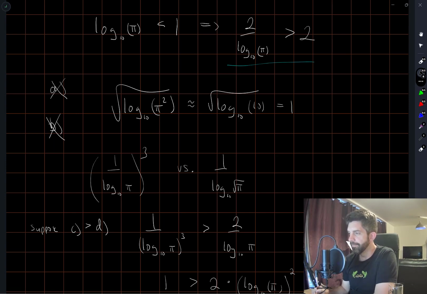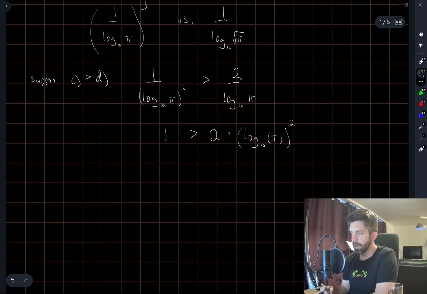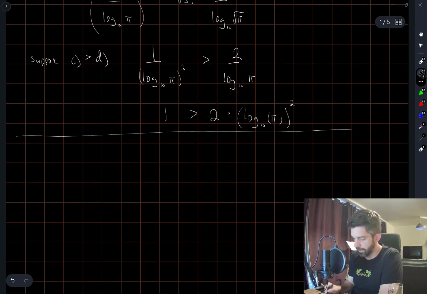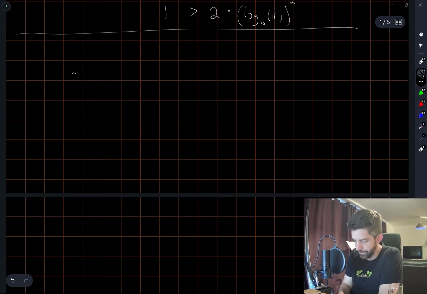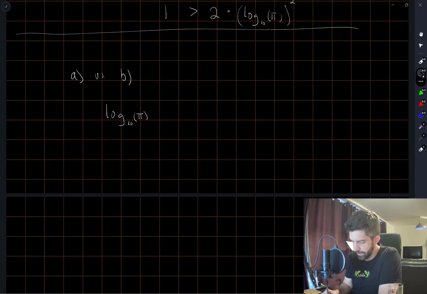Well, C and D are both greater than 1. A and B are both less than 1. So it's really about comparing A and B. So we have log base 10 of pi and log base 10 of pi squared under square root.